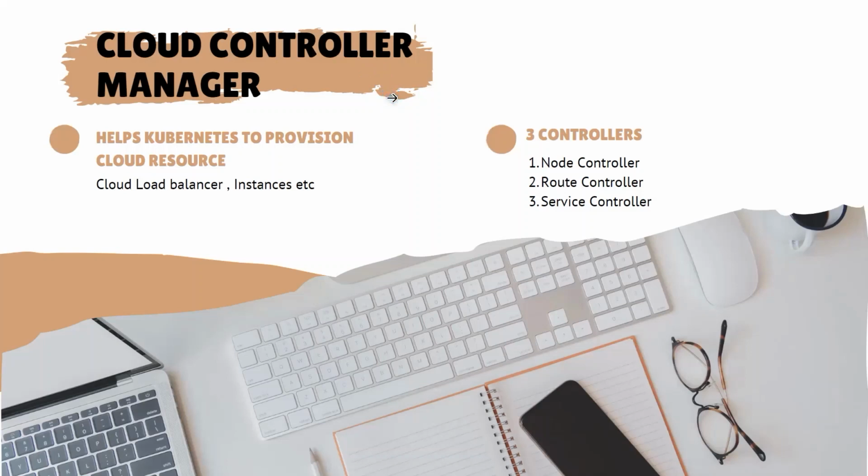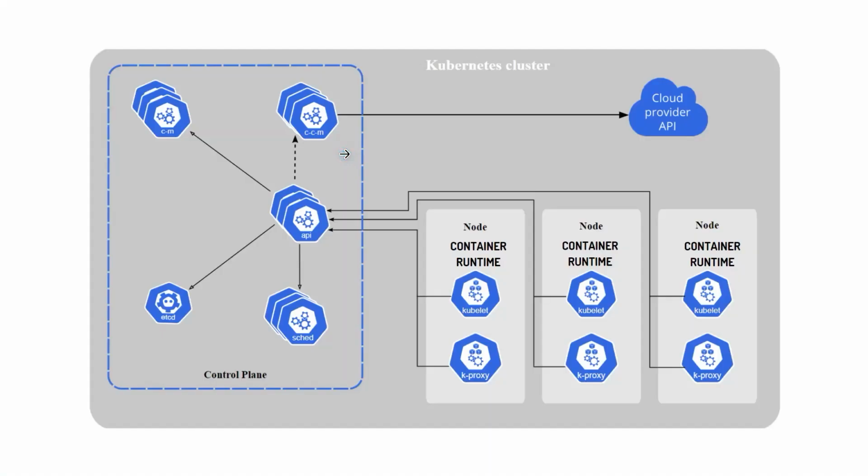So let me show you this in the architectural diagram. So in the architectural diagram, you can see this is the cloud controller manager. So this cloud controller manager acts as a bridge between the Kubernetes cluster and the cloud provider APIs.